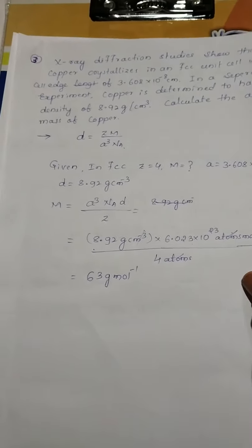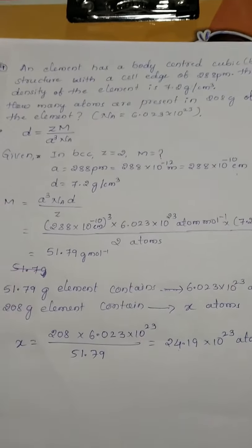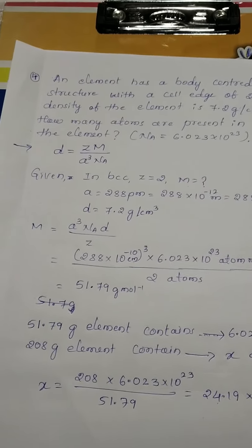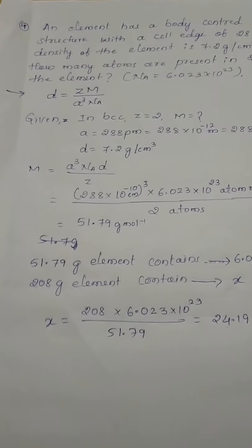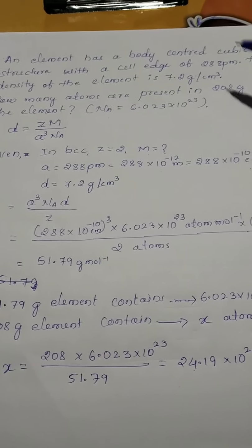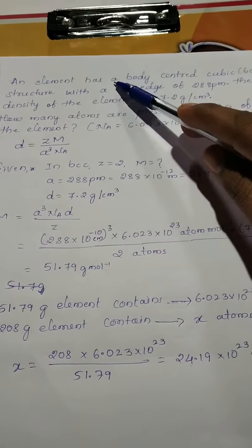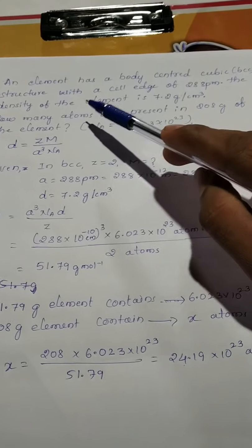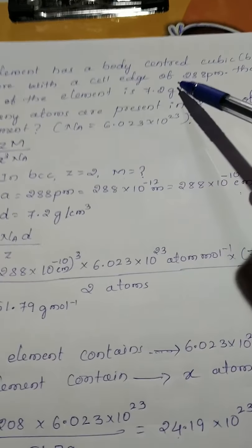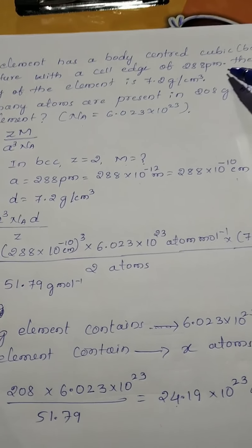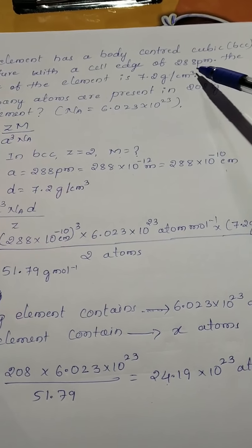Okay, one more problem I will discuss. An element has a body centered cubic structure, meaning Z they have given, BCC means Z is equal to 2, with a cell edge of 288 picometer, meaning they have given a, the edge length, as 288 picometer.